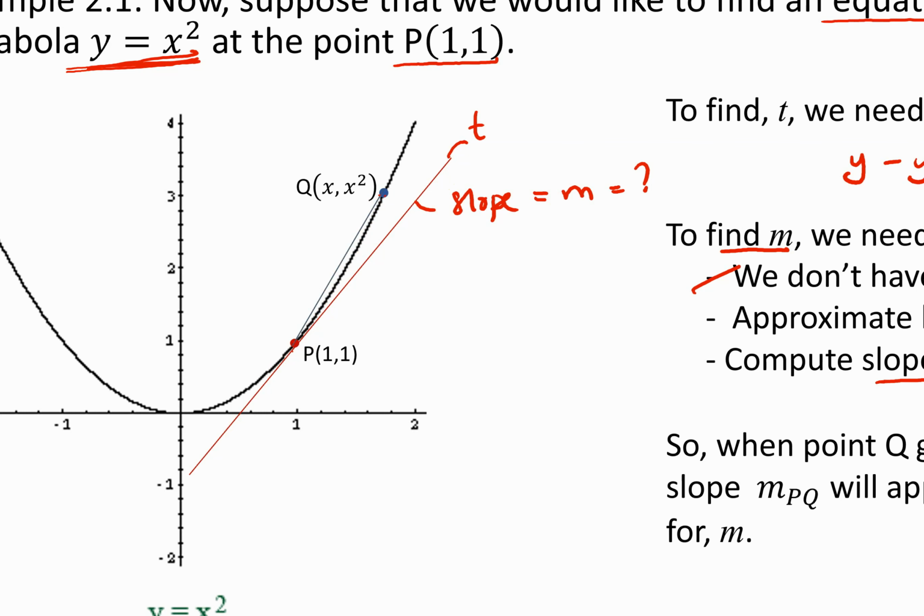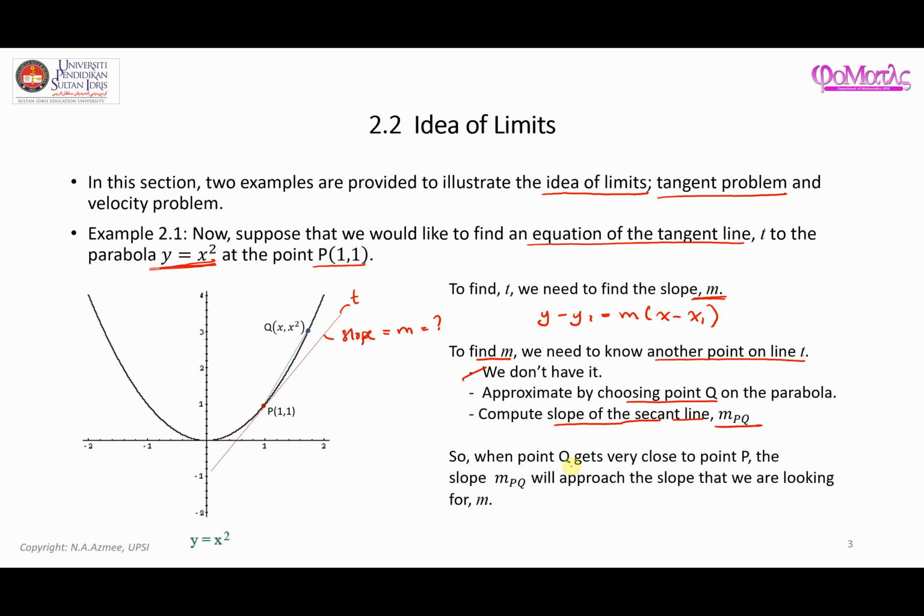But you will see that if you consider point Q getting very close to point P, moving it as close as possible to point P, then the slope m_PQ will approach the slope that you are looking for, which is m.